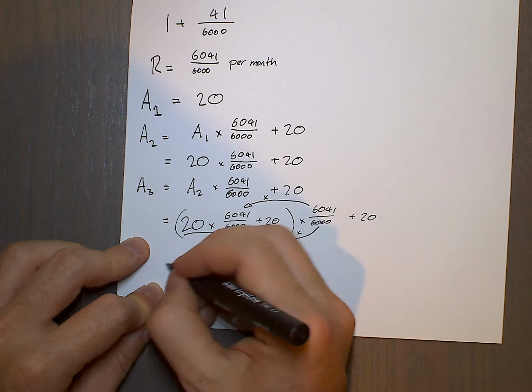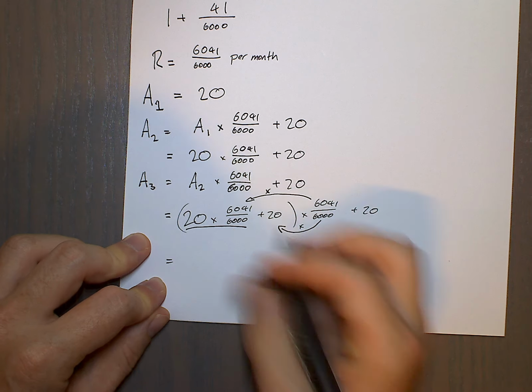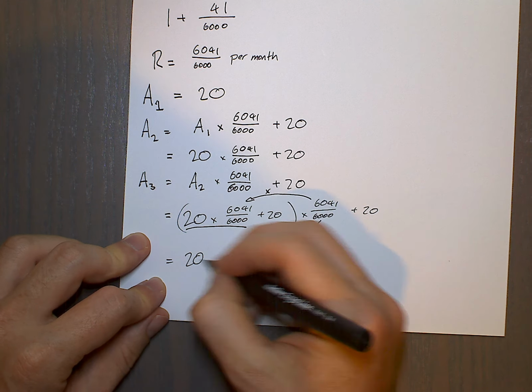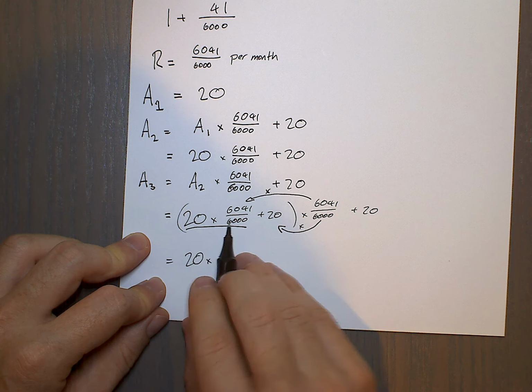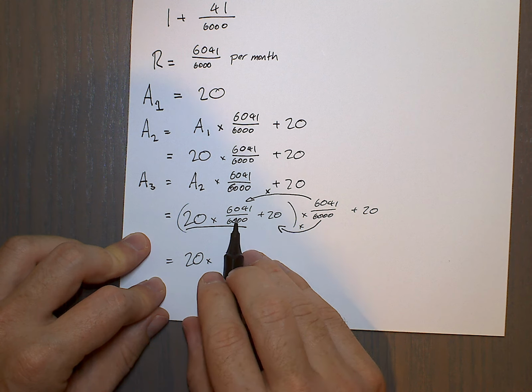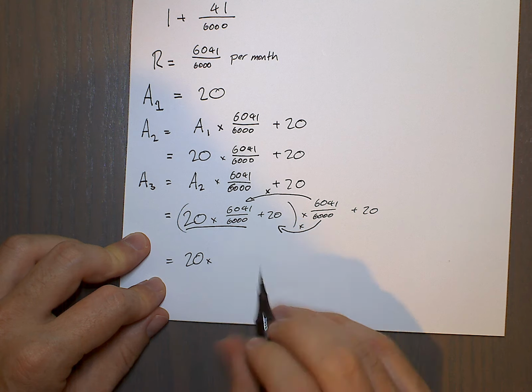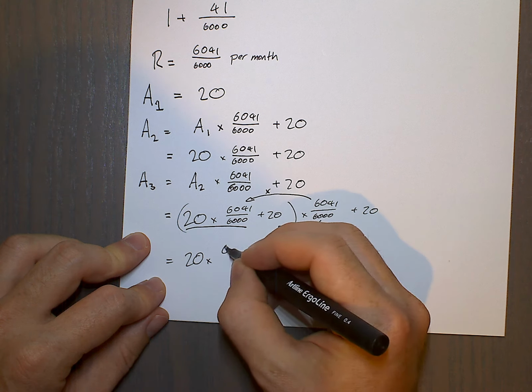And if I do that, I'm going to have something like this. 20 times, when this times this, we could put it in twice again, or we can just put this in brackets and do it squared. It should be the same thing.